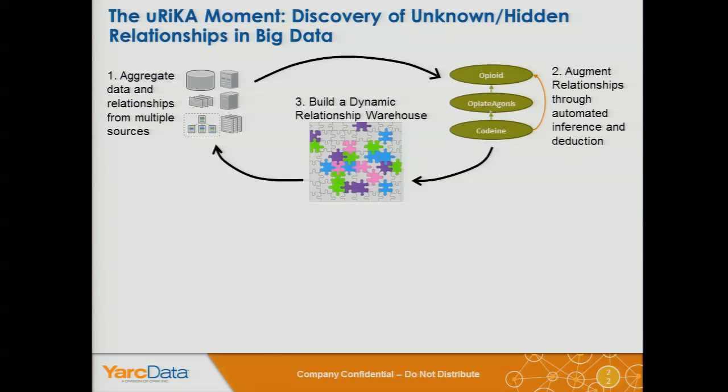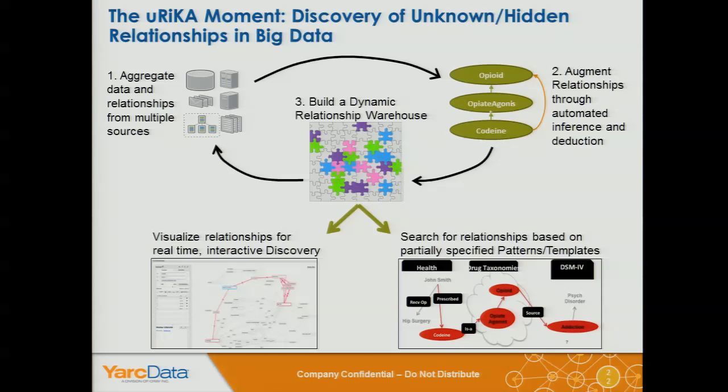We have very high-speed parallel automated inference capability and ontologies that you may bring in. So you take all these different sources, connect them together in a graph, build a large graph that contains all this data, and then analyze it, and then repeat.